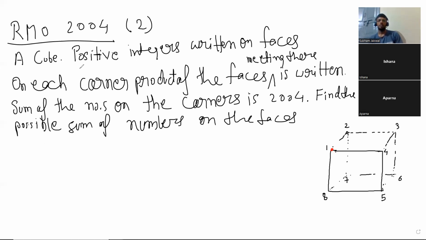Yeah, any positive integer on the faces to begin with, but finally it has to satisfy this condition that after all this is 2004. Should I have numbered the faces? Fine, let's leave it. Probably would have been better to number the faces, but never mind.